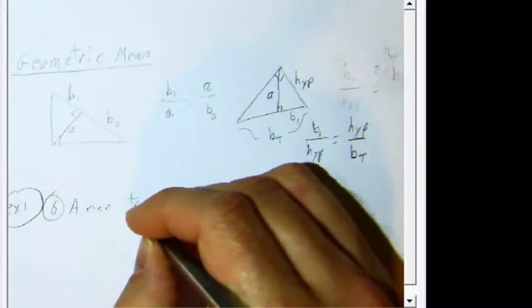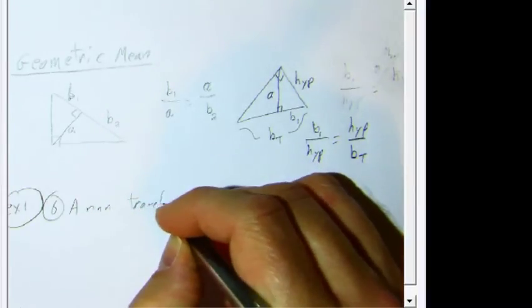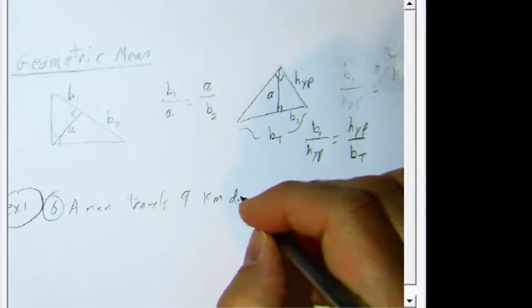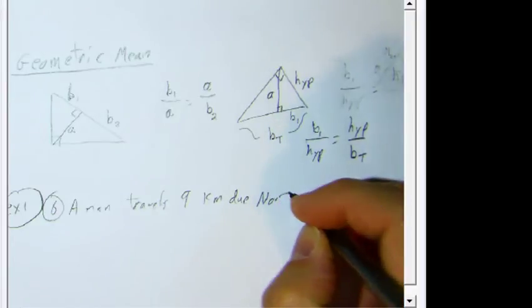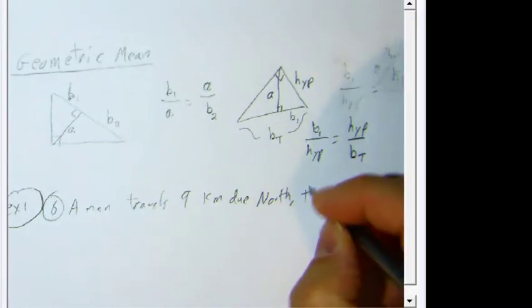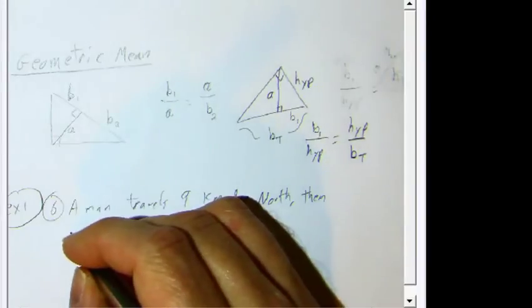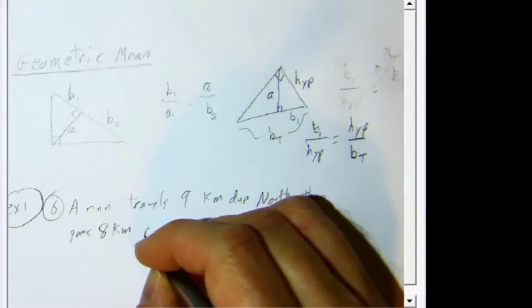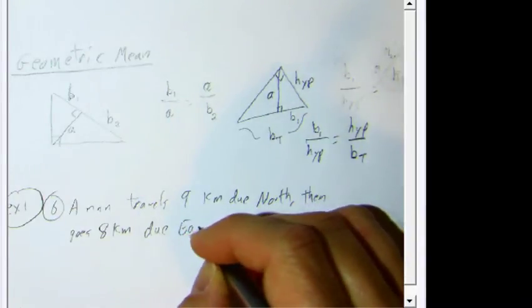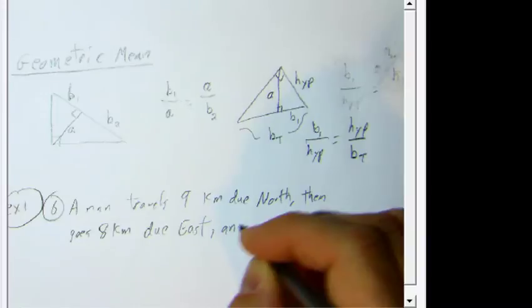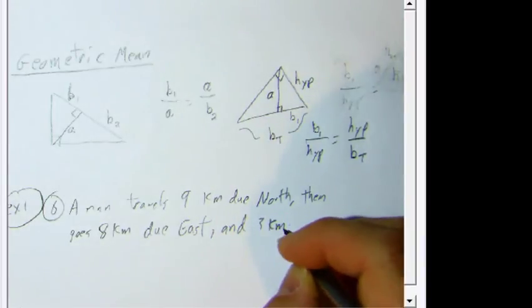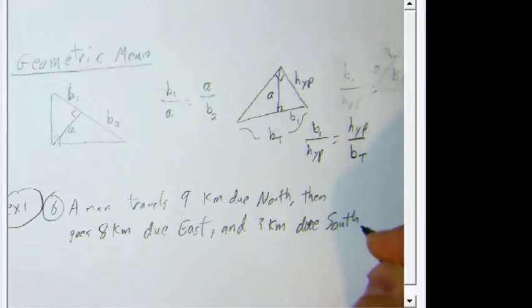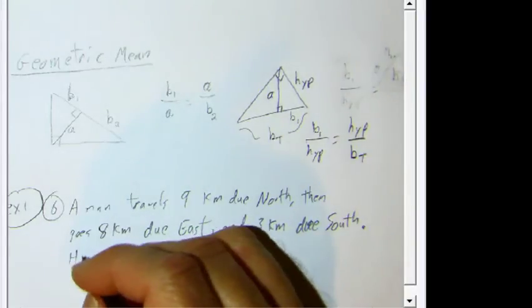A man travels 9 kilometers due north. Then he goes 8 kilometers due east and 3 kilometers due south. How far is he from the starting point?